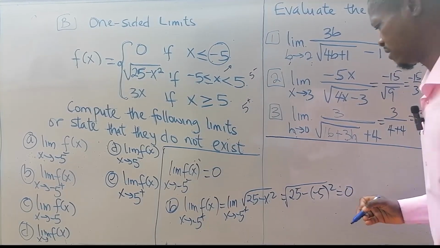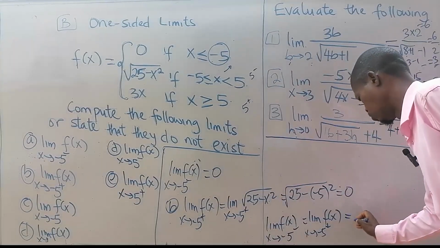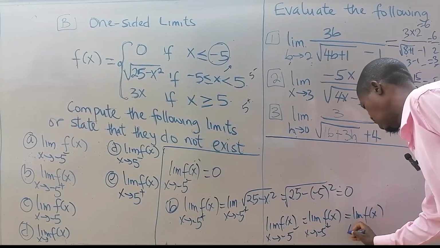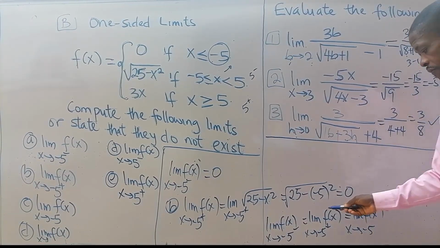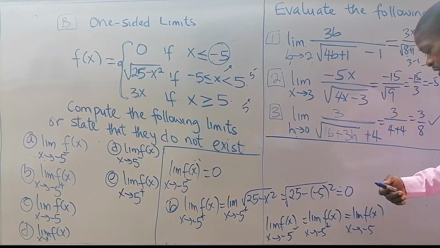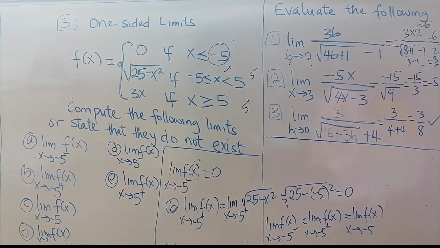And that confirms that the limit at that point is equal to what? Is equal to the limit of f of x as x tends to minus 5. So if the left side is equal to the right-hand side, that shows that the limit exists. And that must be equal to what? This, the c part.